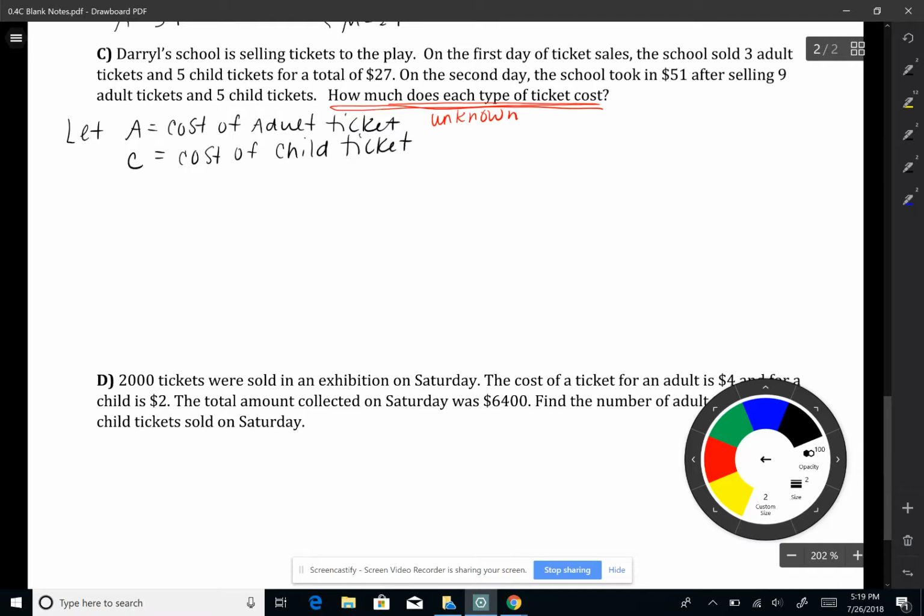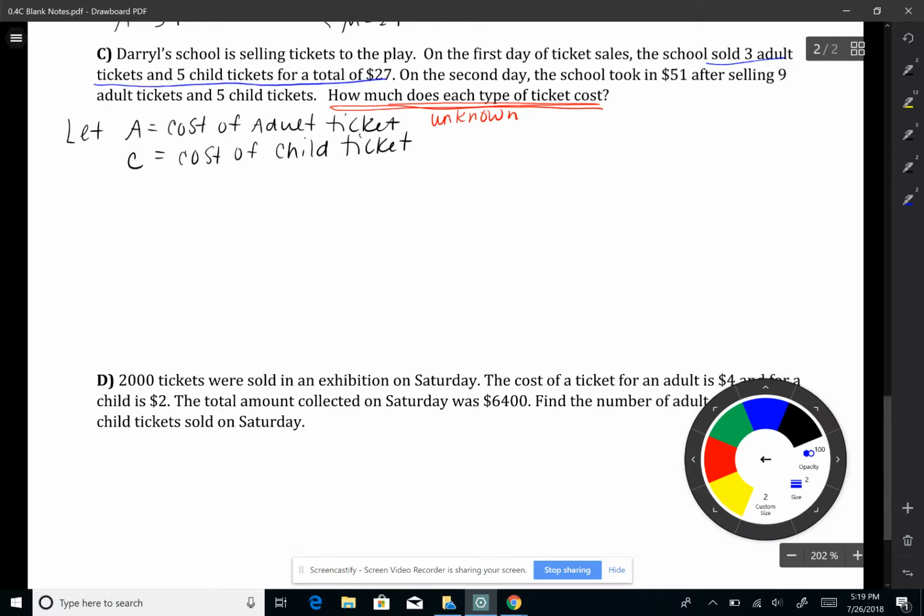Now we go back to our problem and we read and we try to find information that we could write two equations about. First sentence just tells us that we are selling tickets. The second sentence says, on the first day of ticket sales, the school sold 3 adult tickets and 5 child tickets for a total of $27. I think that is important. 3 adult tickets and 5 child tickets for $27.